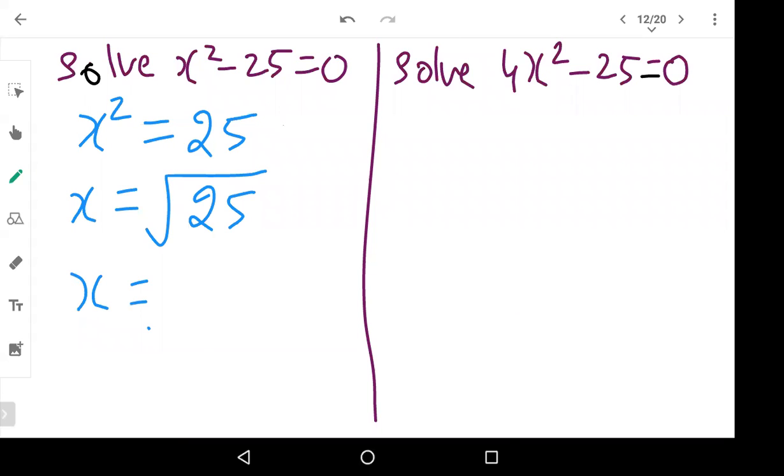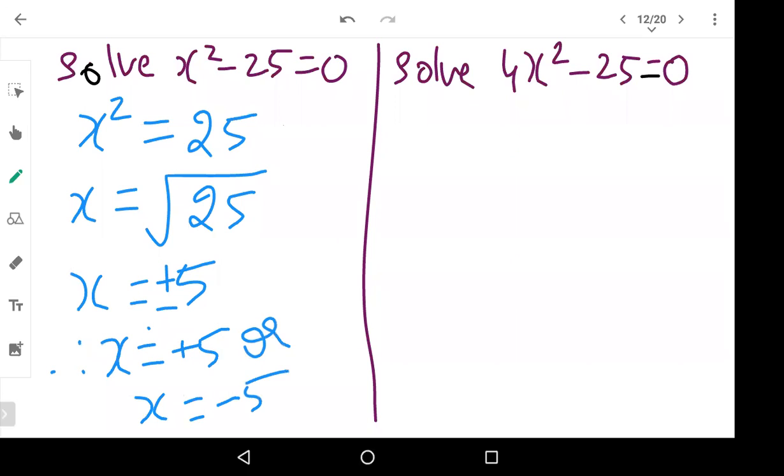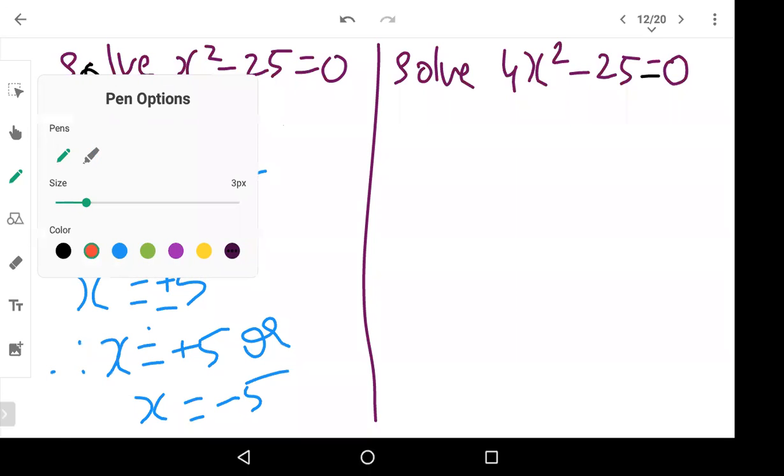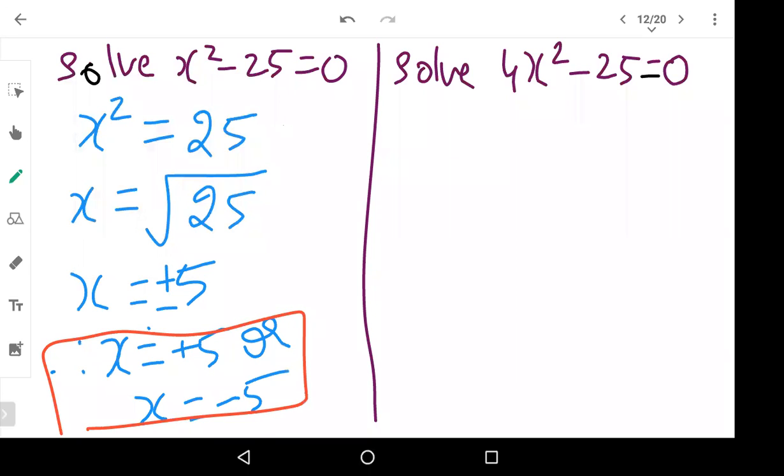Square root of 25 is 5, but it is plus or minus. So therefore x is equal to plus 5 or x is equal to minus 5. So this is the first answer. I hope everybody got this first question's answer, since it is very easy. Right?